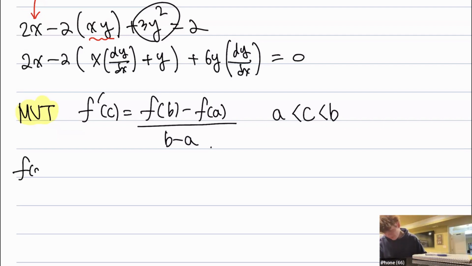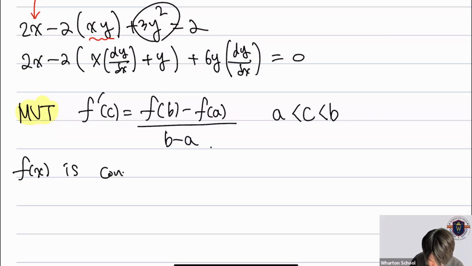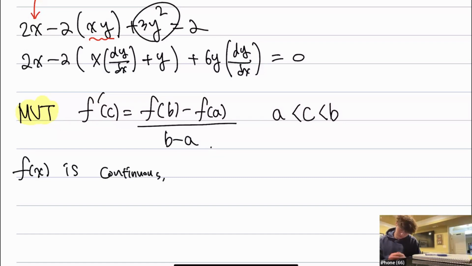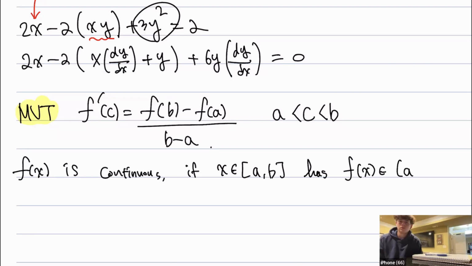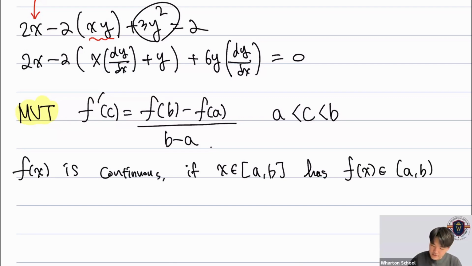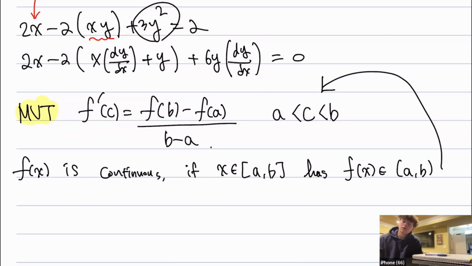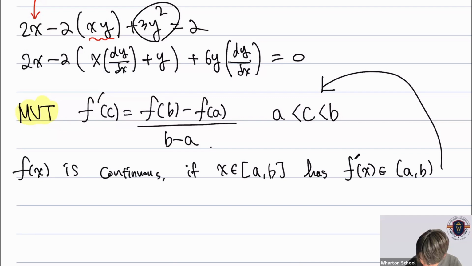So the formal definition is the function f is continuous, and if x is in the interval of a and b and has a derivative, f of x in (a, b), then it satisfies this condition. I shouldn't write it like that; it's derivative for x in this interval.